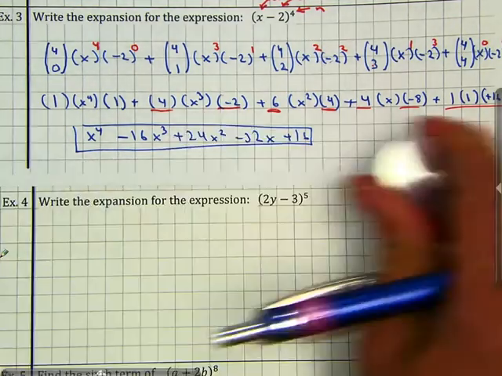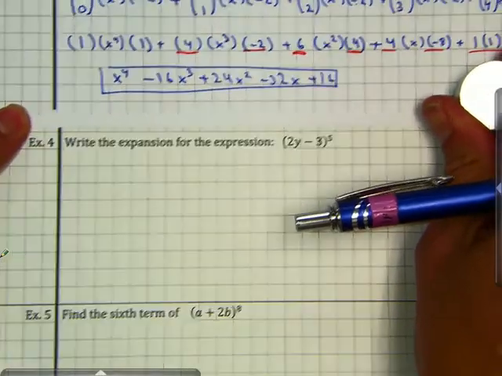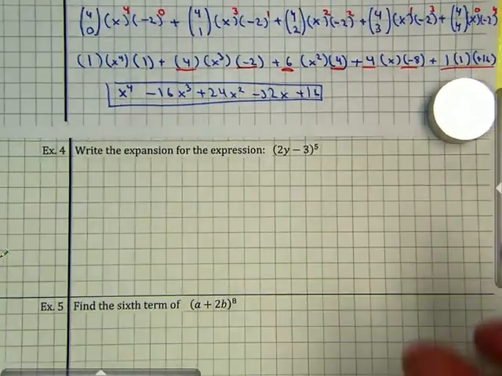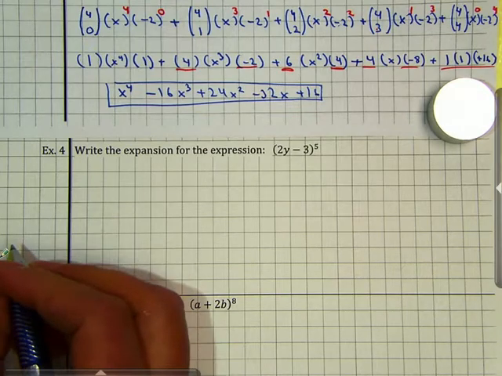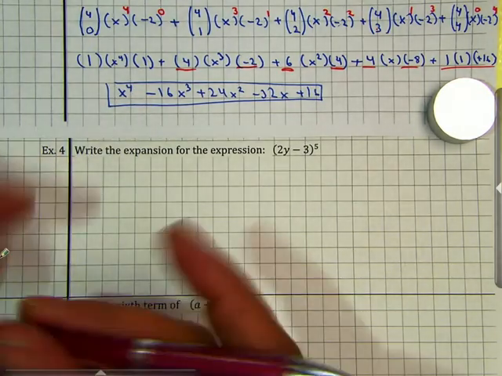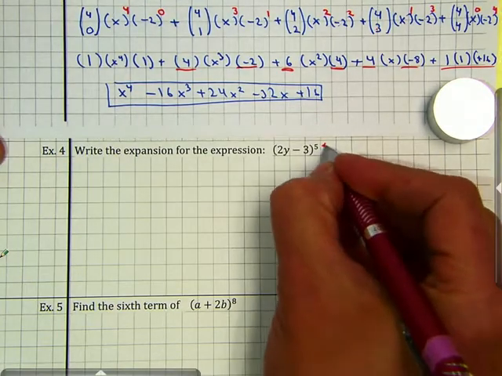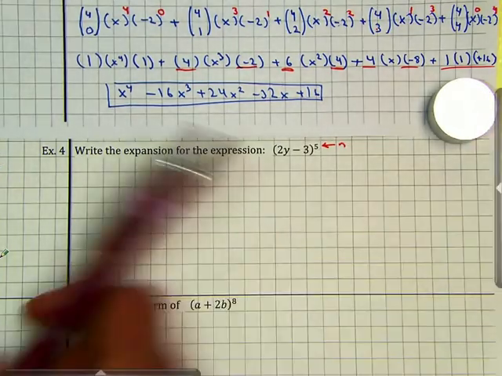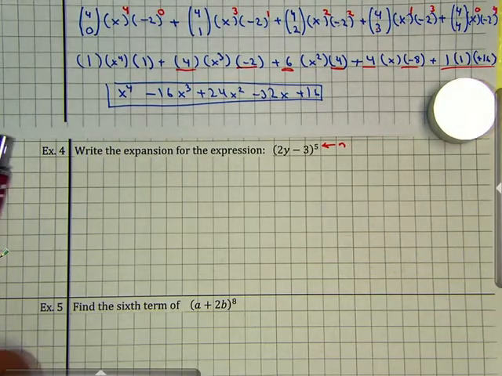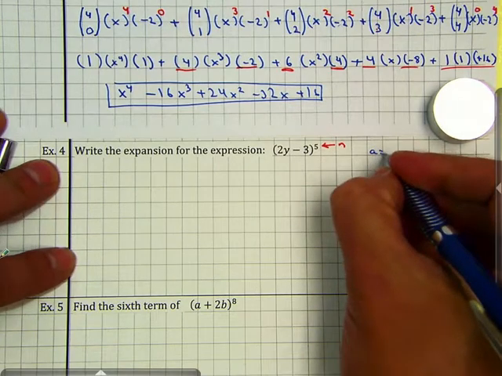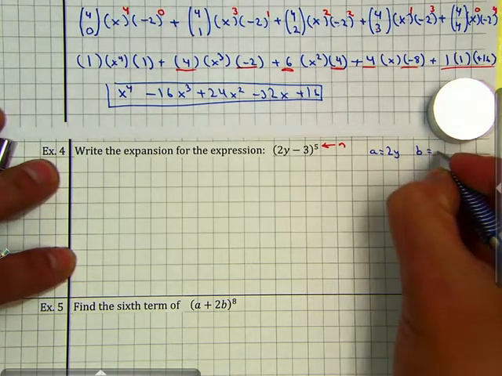Okay, you guys ready? I'm going to start all the way on the left because I do need to write a little smaller, otherwise it won't fit. So n is 5. a will be 2y, and b will be equal to negative 3.